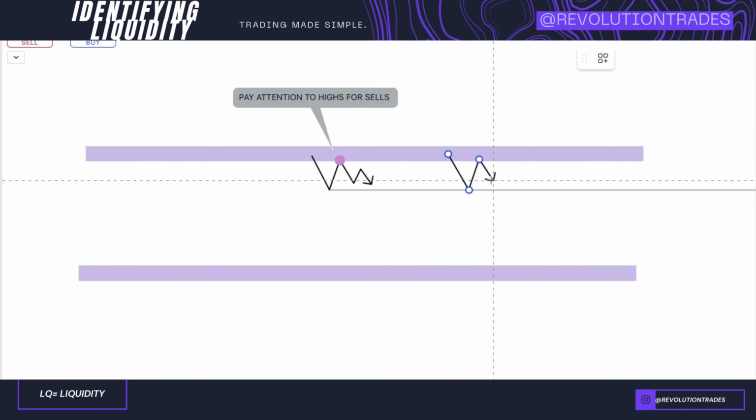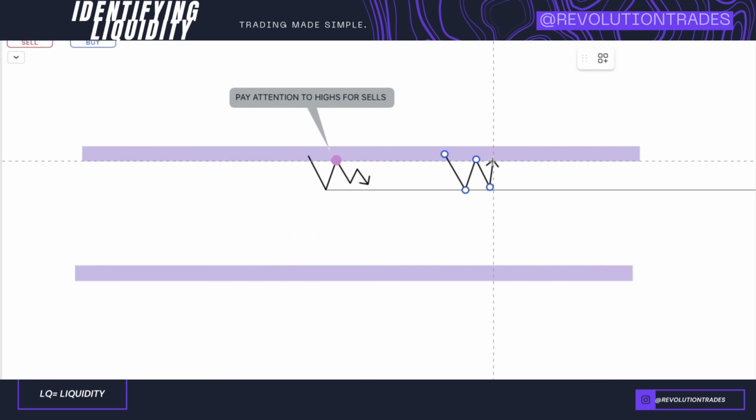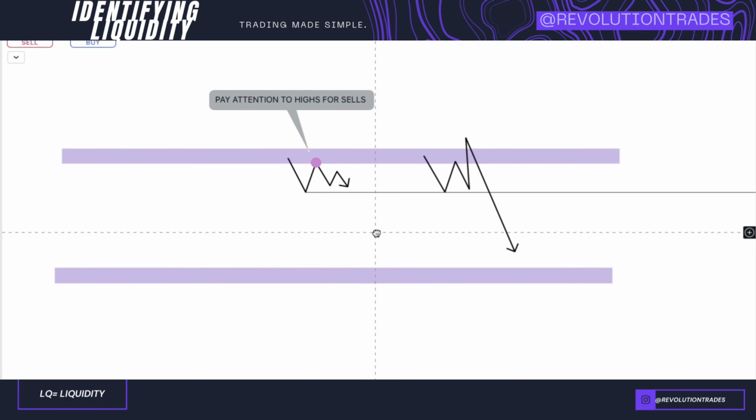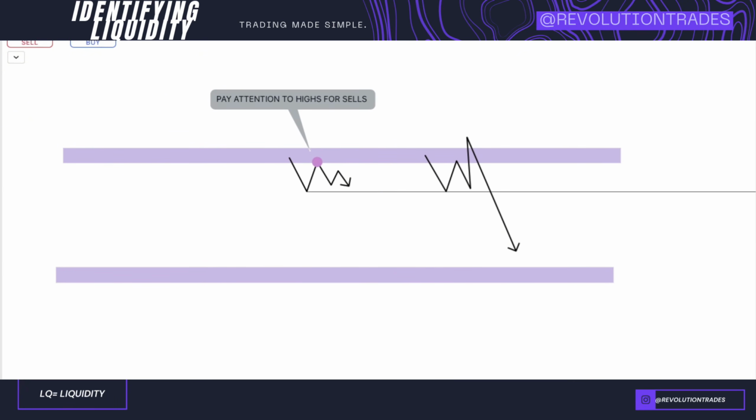We're failing to break this low point. We're failing to break structure. We need to break lows for sells. So what is price going to do if we're failing to break this? It only has one other option, to go back up, right? And if it goes back up and takes this high out and holds, guys, it is liquidity. That's why I told you to pay attention to high points in a sell market, okay?